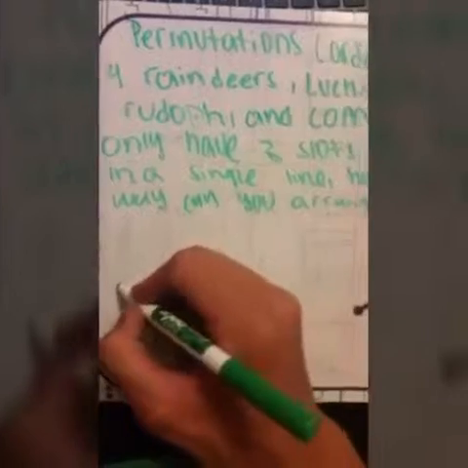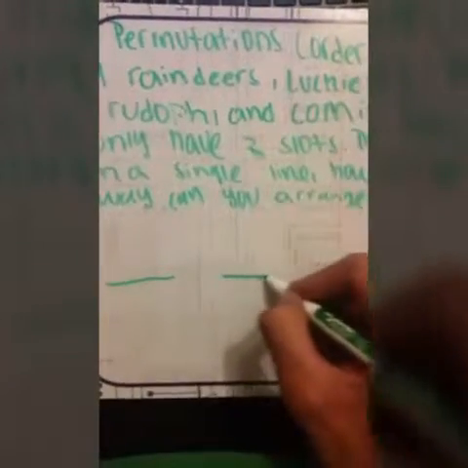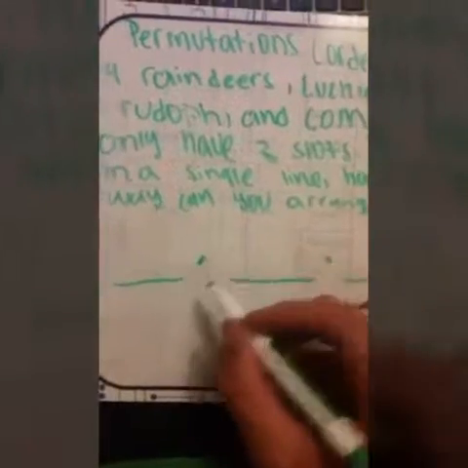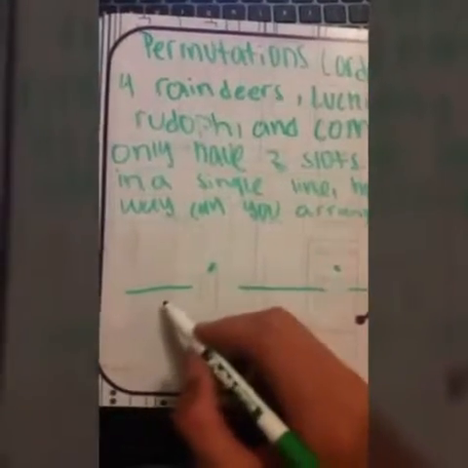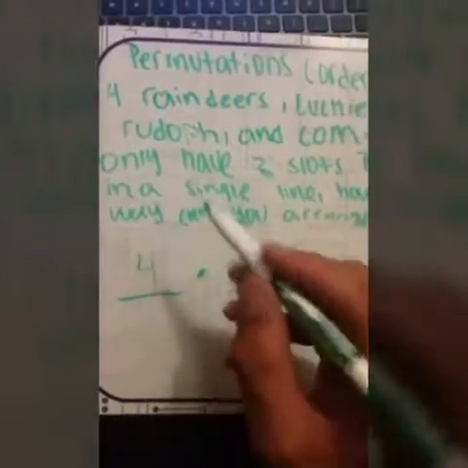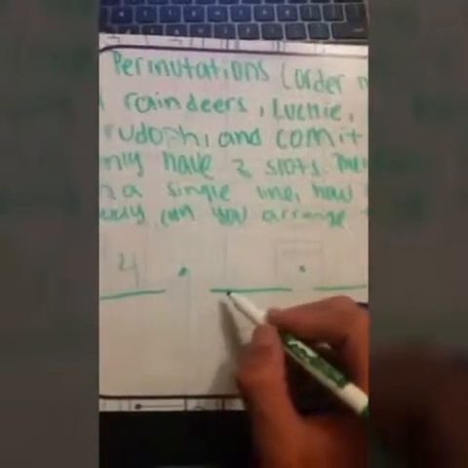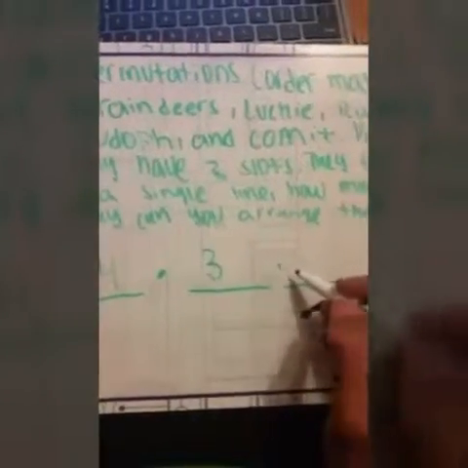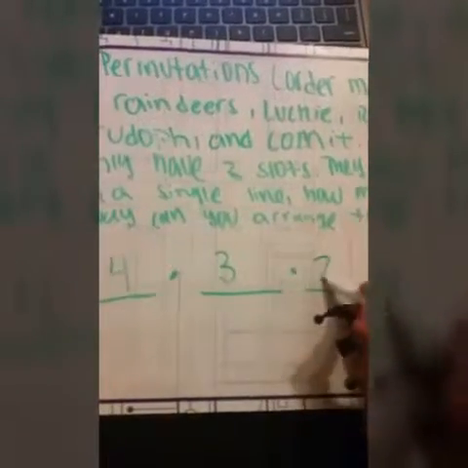Okay, so first, since there's only 3 slots and because order does matter, multiply. So in the first spot, you can have a total of 4, because there's 4 reindeers. In the second one, you can only have a total of 3, because you can't repeat them. And then in your third spot, you can have 2.